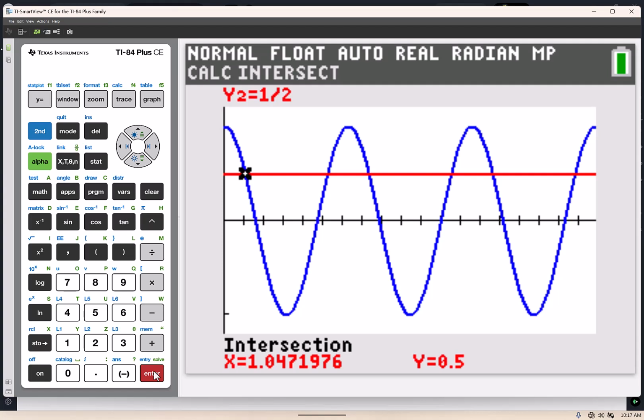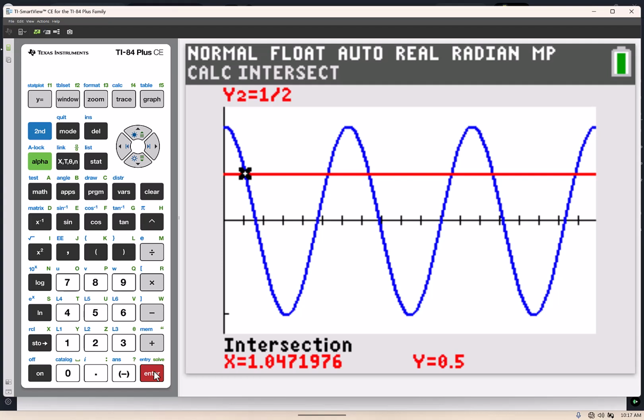Guys, how are we doing over here? You got it, guys? Does that say the word intersection? Well, that way you can see a little better.